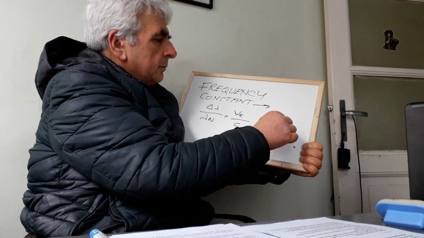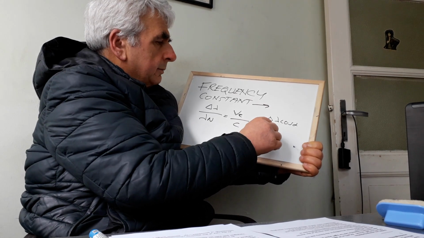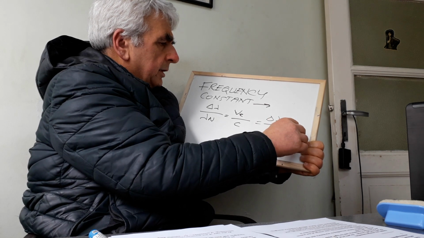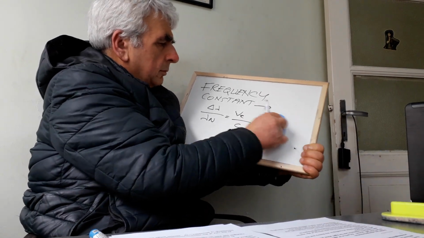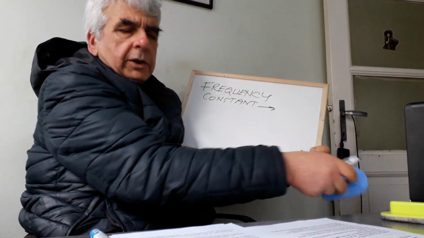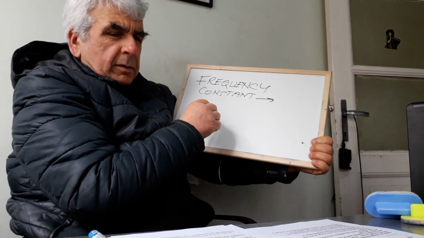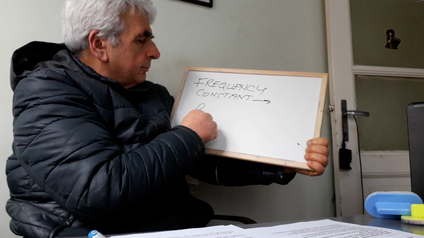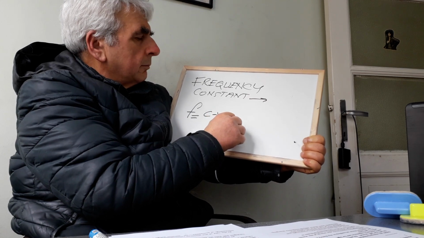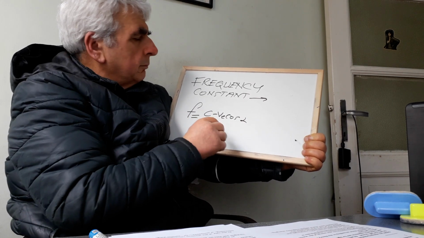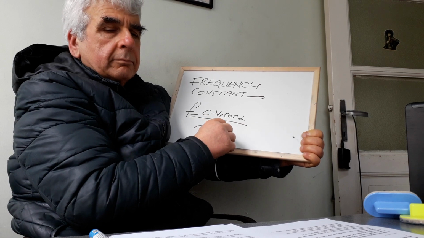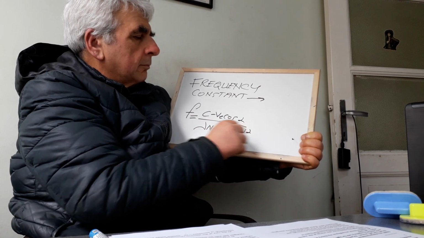Delta lambda cosine alpha divided, here we are, okay, frequency constant. Now, frequency equals c minus... okay.